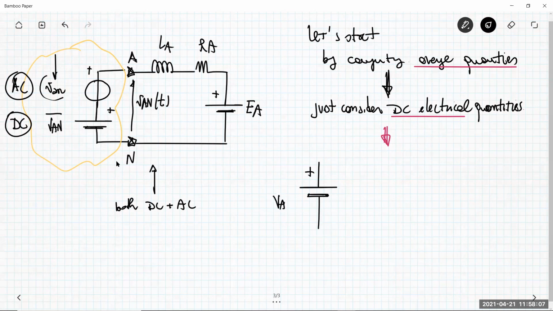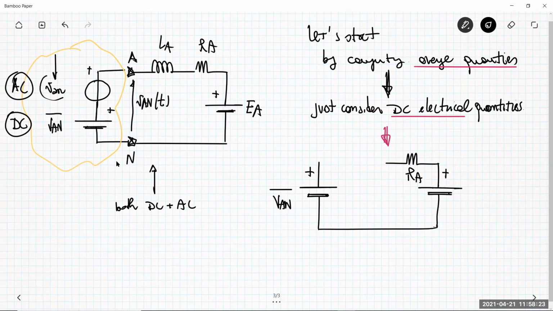So VAN average. What about RA and EA? RA must be considered, and also EA is a constant. Remember, we are in steady state, so we have to consider it because it is a DC electrical quantity. What about the inductance?